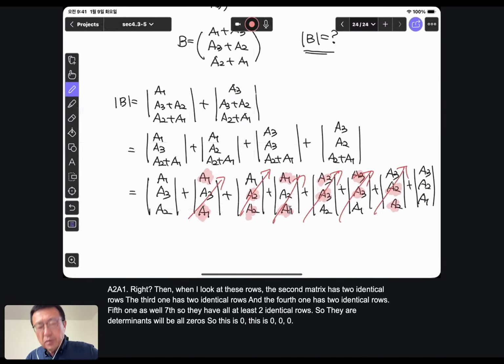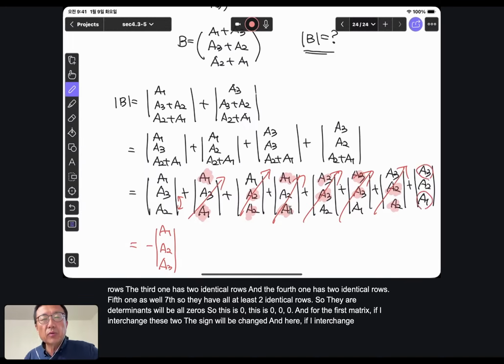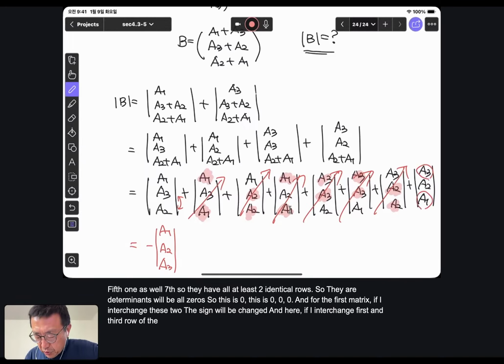And for the first matrix, if I interchange these two, the sign will be changed. And here, if I interchange the first and third rows of the last matrix, you also change the sign.